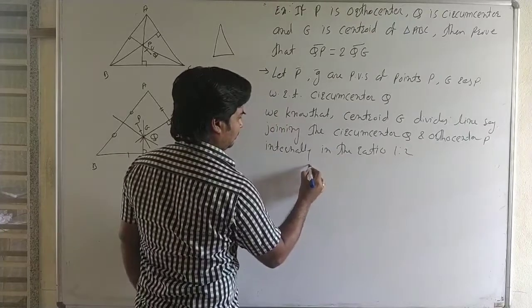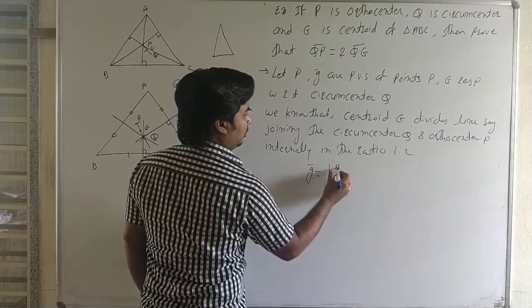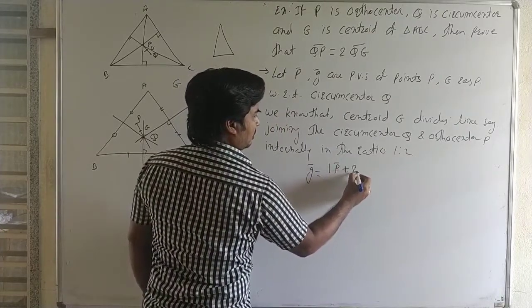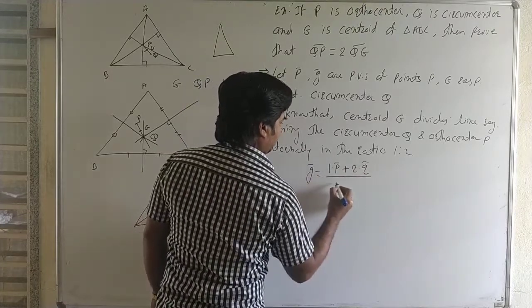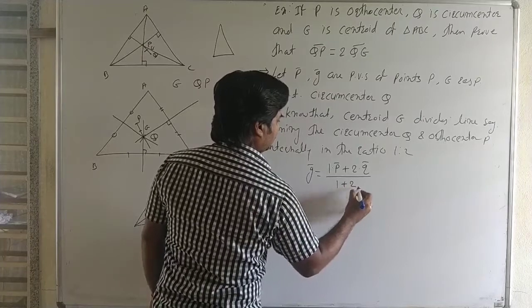Therefore we can write G bar is equal to 1 into P bar plus 2 into Q bar upon 1 plus 2.